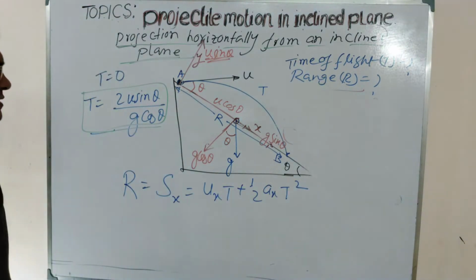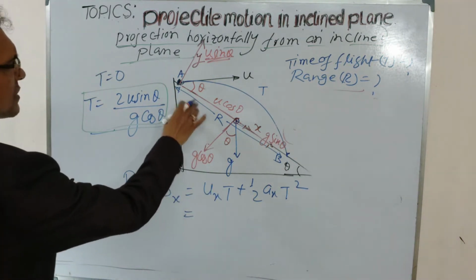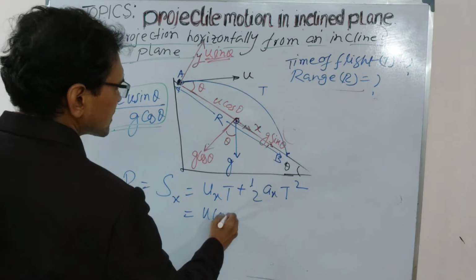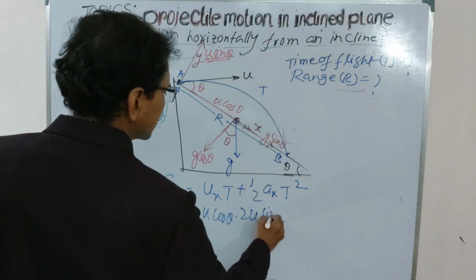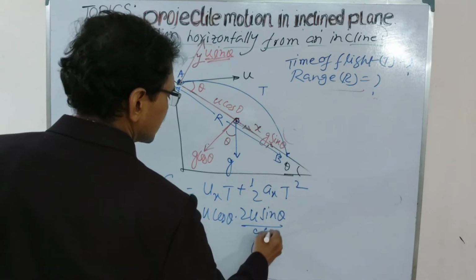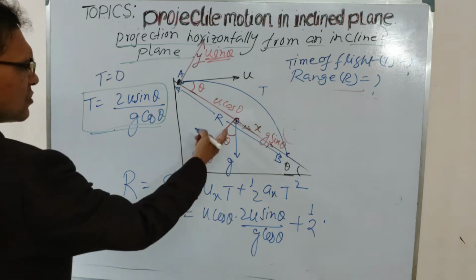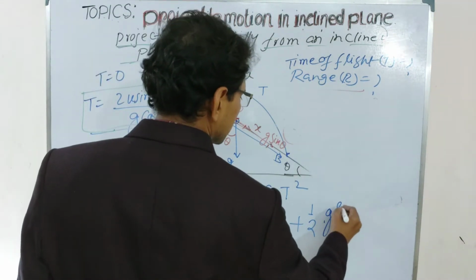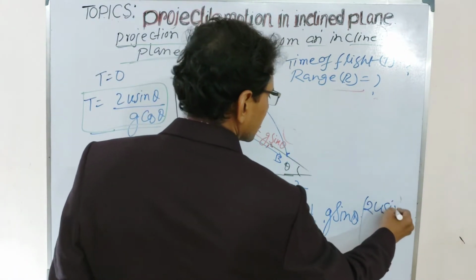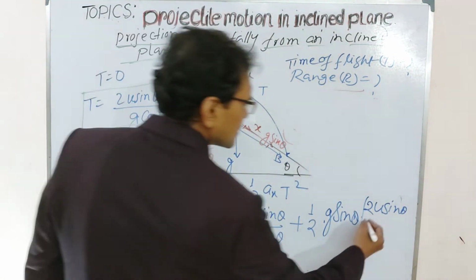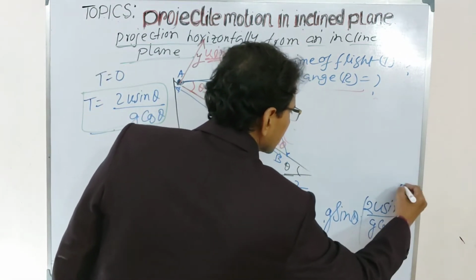Ux is u cos theta along x direction, times the time of flight we got here, plus half ax, where ax equal to g sin theta, into t, which means 2u sin theta by g cos theta.